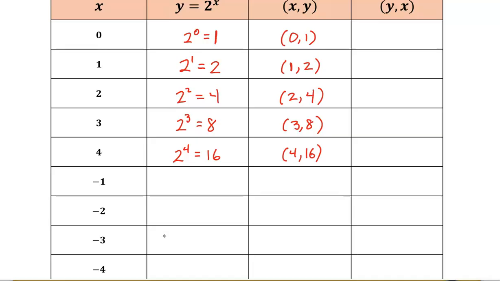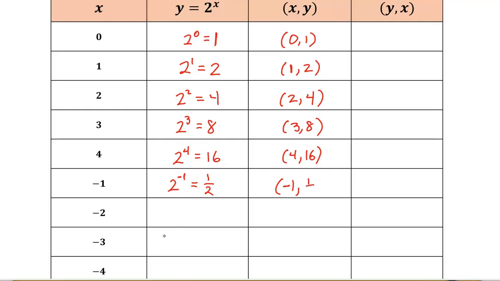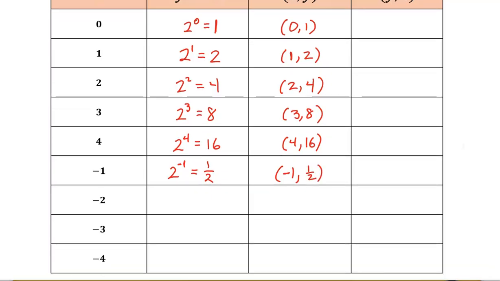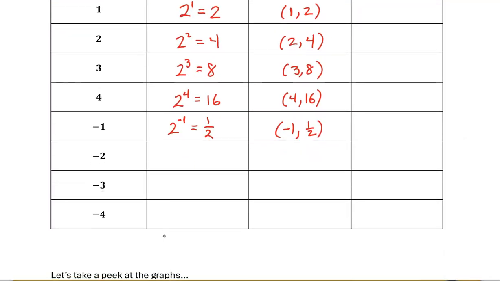Okay, let's talk negative powers here. 2 to the negative 1. That's the reciprocal of 2 to the 1st, which is the reciprocal of 2, which would be 1/2. So at negative 1, the graph would be at 1/2. And 2 to the negative 2 would be the reciprocal of 2 squared, which was 4. So this would be 1/4.